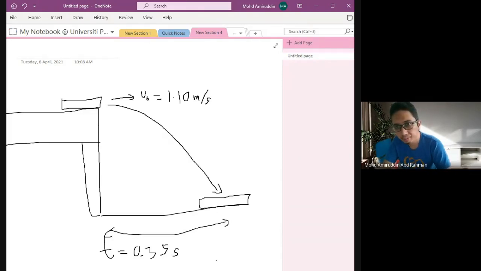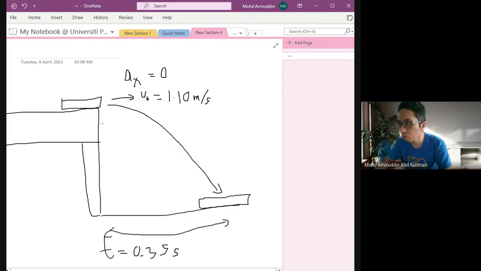All right. So at this moment, of course, the acceleration will be 0. You need to find what is the height of the tabletop above the ground. So what is that?